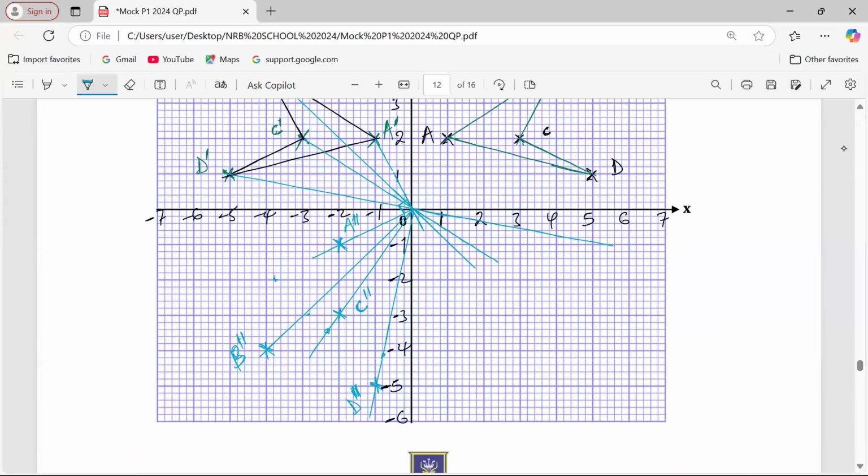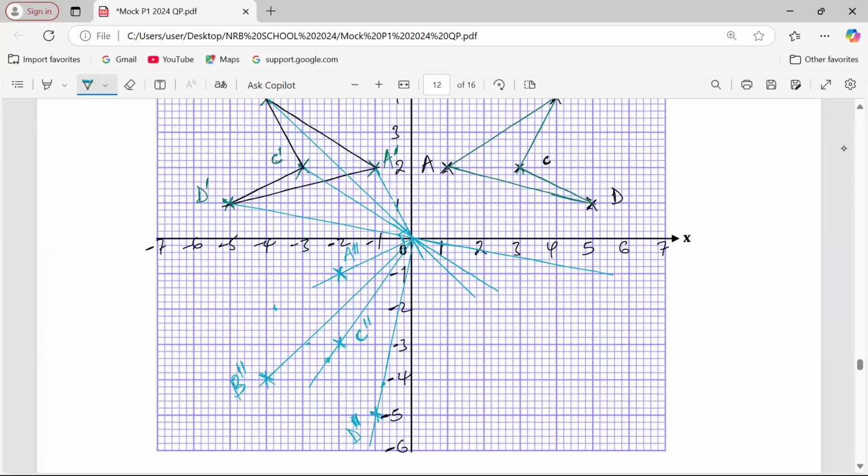So you see now, I am having all the coordinates of the second image, so I can join them again in order from A to B first.